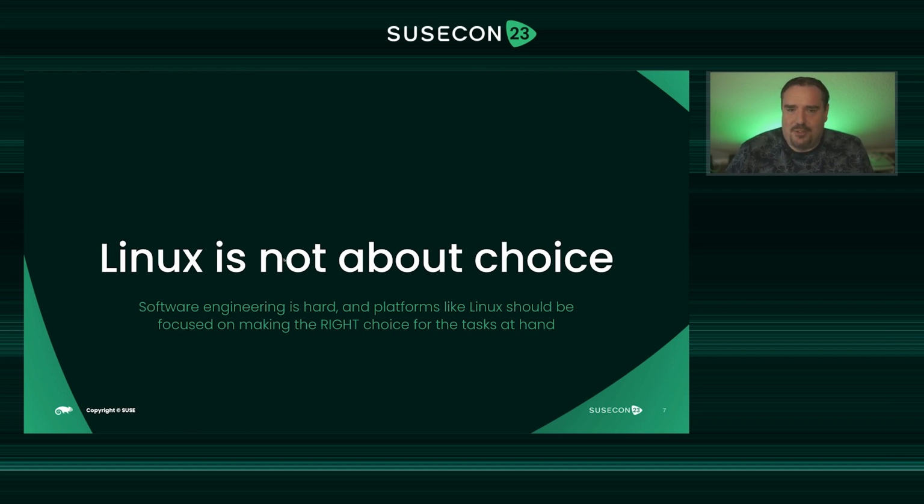It's about good engineering. What should be the priority for us as operating system builders is making those hard choices for the user, figuring out what they want and what needs to be done best for what they want, and focusing on making the right choice for that. And in some cases, that means not offering a million billion choices. We're not building a Lego set, we're building platforms for doing stuff.